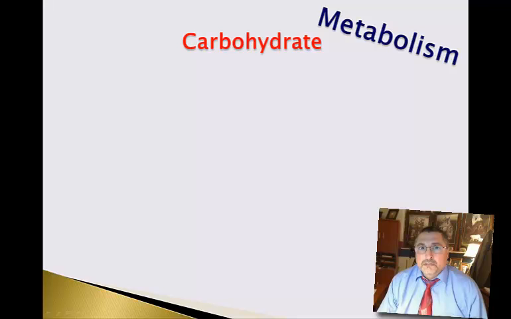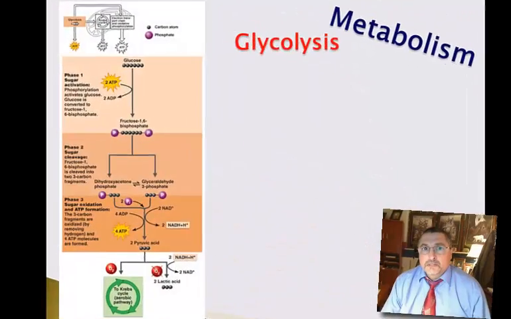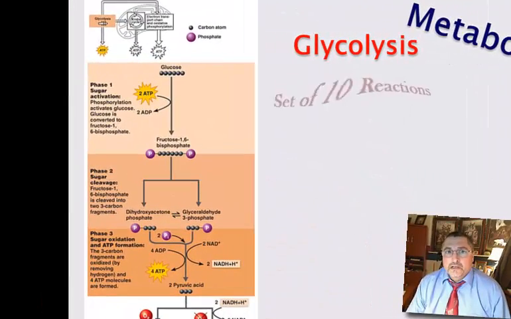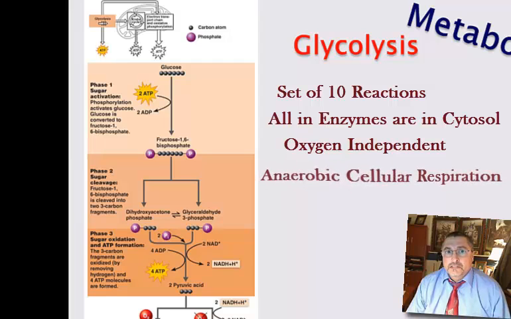Now let's take that glucose molecule that we have inside the cell and put it in these reactions. The first set of reactions that we have is glycolysis. Glycolysis is a set of 10 reactions that occur in the cytoplasm. These reactions can occur in the presence and or absence of oxygen. They do not require oxygen, so frequently we know these sets of reactions as the anaerobic respiration reactions.